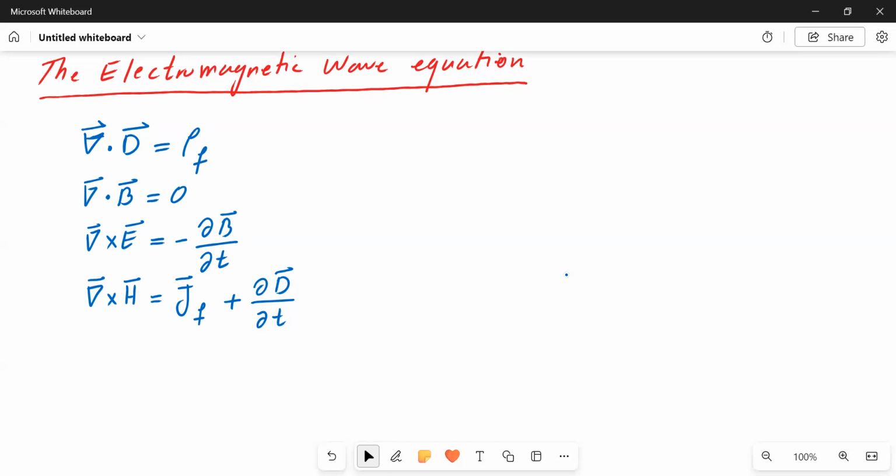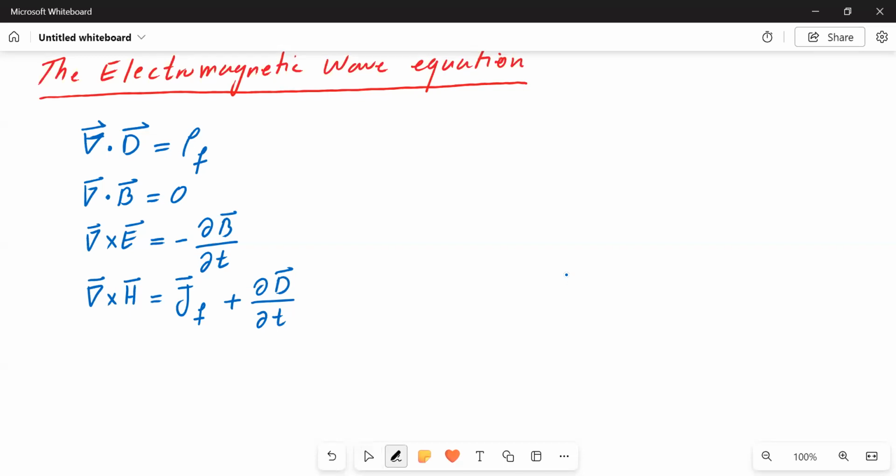The third equation is attributed to Faraday, Michael Faraday, who showed us that spatial variations in the electric field are given by the temporal variations of the magnetic induction. This minus sign is attributed to Lenz, who made a correction to Faraday's equation.